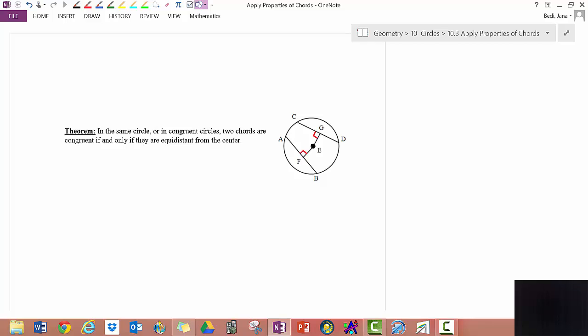For them to be equidistant, we need to be shown this on the diagram, that these two segments EF and EG are perpendicular to the chords. So we are saying that if segment EG is congruent to segment EF, then chord CD is congruent to chord AB.